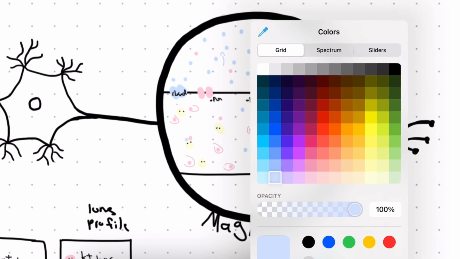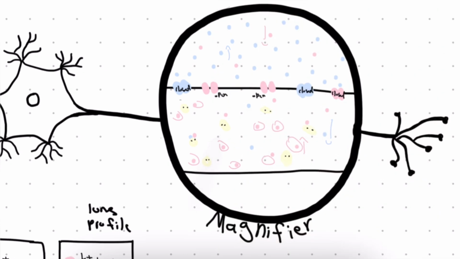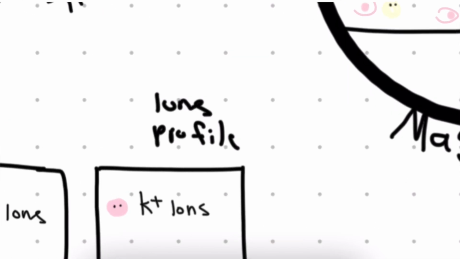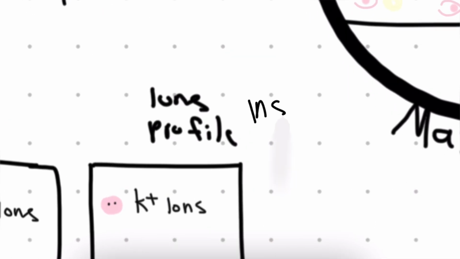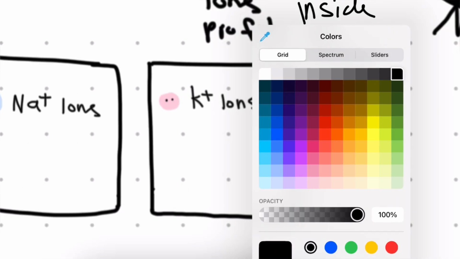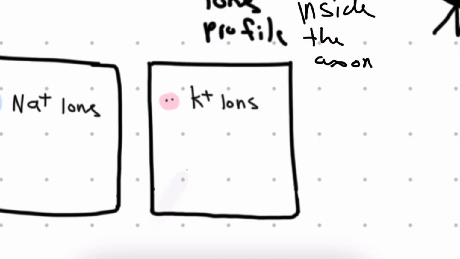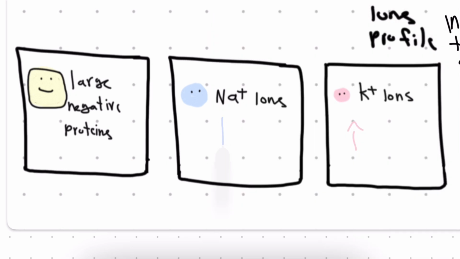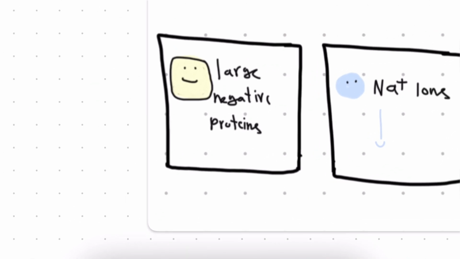There is also a high concentration of large negative proteins inside the axon. So inside the axon, potassium is high, sodium is low, and the large negative proteins are high.